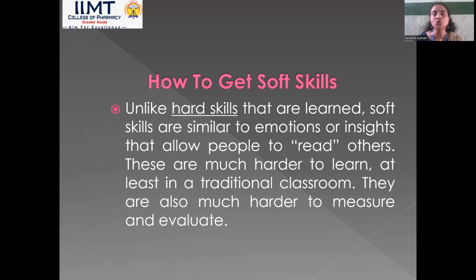So it has to be learned in a very different way. It cannot be like mugging up notes and understanding the concept and working on that. No, it cannot be done in a traditional classroom method. It has to be learned in a different way. There's a different parameter to measure soft skills and to evaluate them.